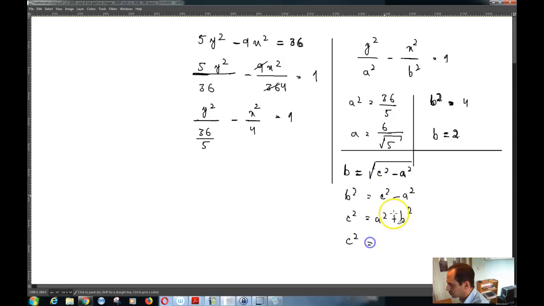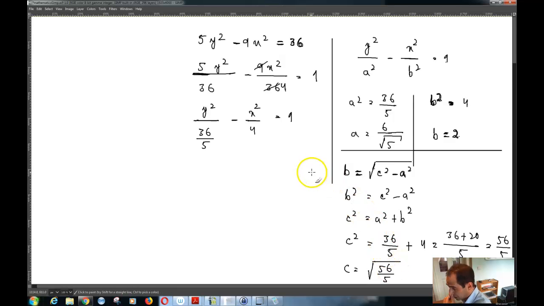So c squared is equal to 36/5 plus 4, which is equal to 36 plus 20 over 5, which is equal to 56/5. So c is equal to the square root of 56 by 5.